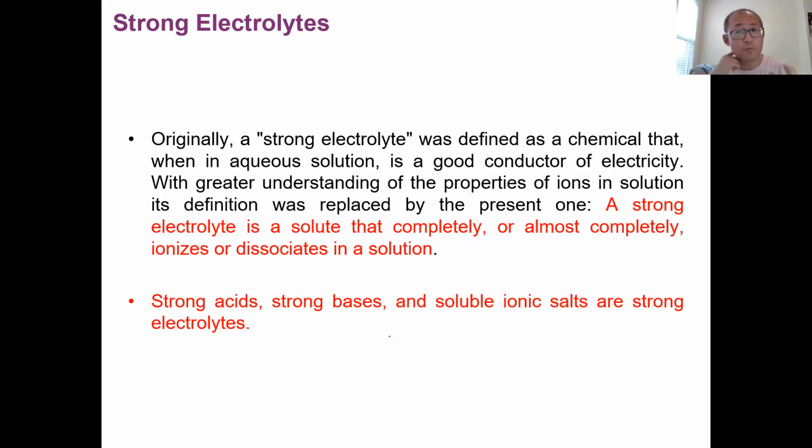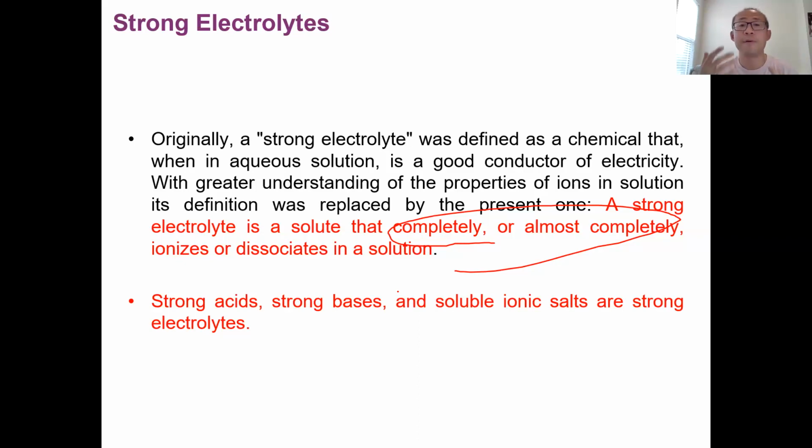Now we have a better definition, because we know the reason why they conduct electricity. Strong electrolytes are the ones that, when dissolved in water, completely or almost completely ionize or dissociate in solution. That means they completely give free ions, and those are called strong electrolytes. Not based on whether your light bulb is brighter or less bright, but based on the chemistry behind it.